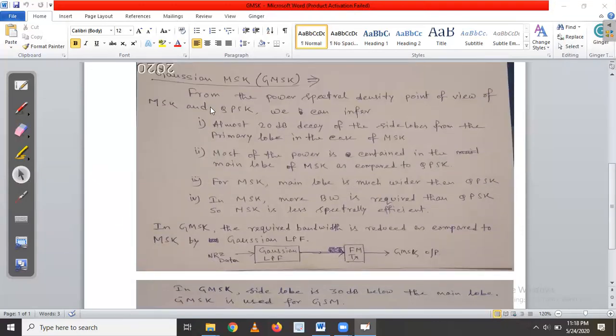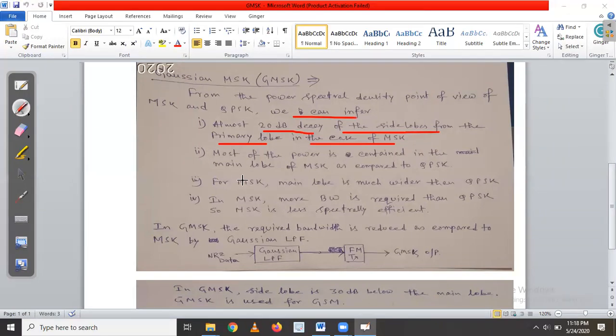Those are the things I have mentioned here. I have written that from the power spectral density point of view, for MSK and QPSK, we can infer almost 20 dB decay of the side lobe from the primary lobe in the case of MSK. There is a 20 dB gap between primary and side lobe in the case of MSK.